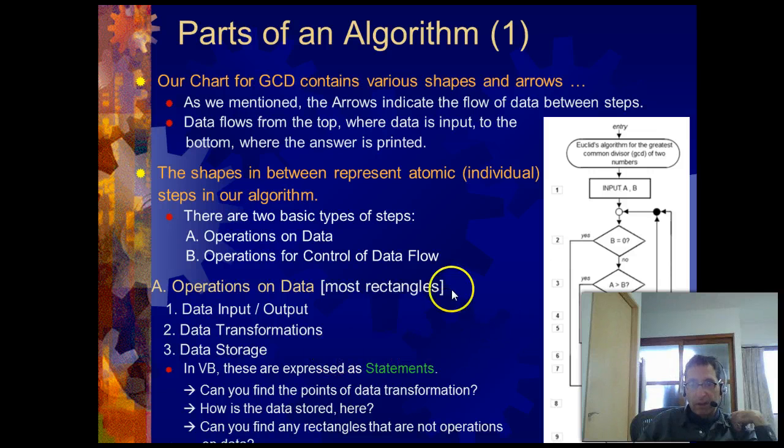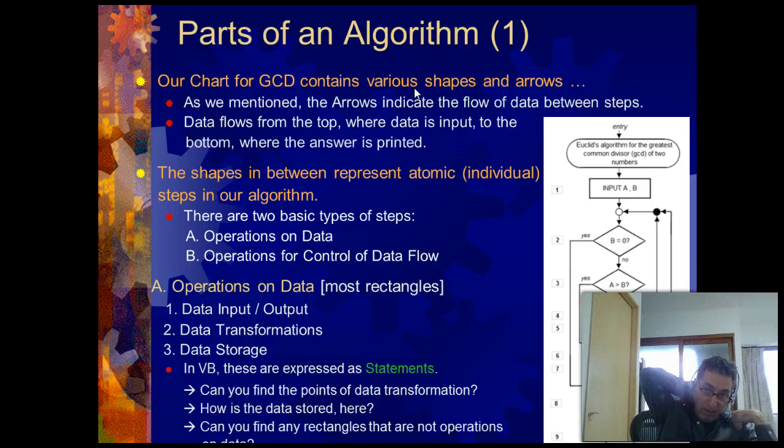Okay, so let's look at some of the details of this because you see that there are rectangles here, there's this kind of shape here, there's this kind of shape, like a diamond shape they call it. Why do they use those shapes? So parts of an algorithm, part 1, our chart for greatest common divisor contains various shapes and arrows.